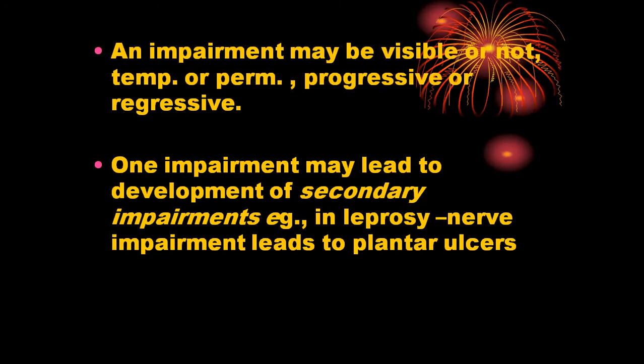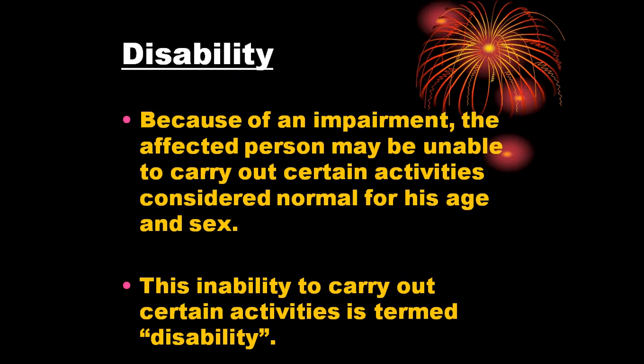An impairment may be visible or not visible. It can be visible. I have a fracture or I have a loss of a foot because of diabetes. I had an amputation of a foot. Or it can be not visible. It can be inside me. Like in leprosy, nerve impairment leads to plantar ulcers. So one impairment which is inside, nerve impairment, leads to some ulcers outside.